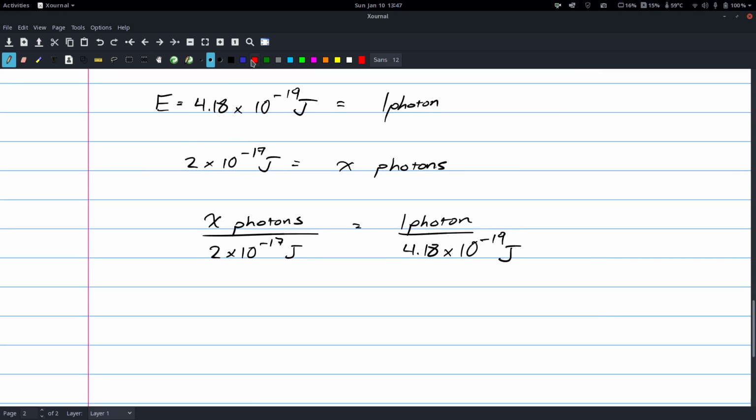So to solve this, instead of cross multiplying, just look at this. All you have to do is multiply by 2 times 10 to the negative 17 joules on both sides.